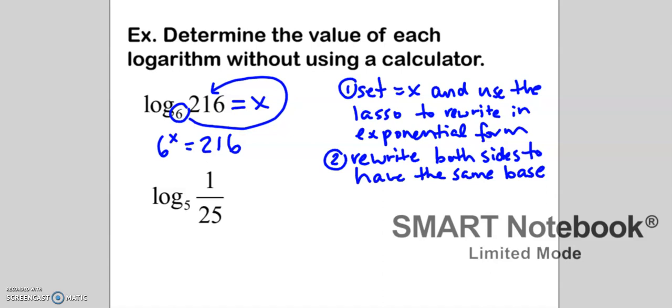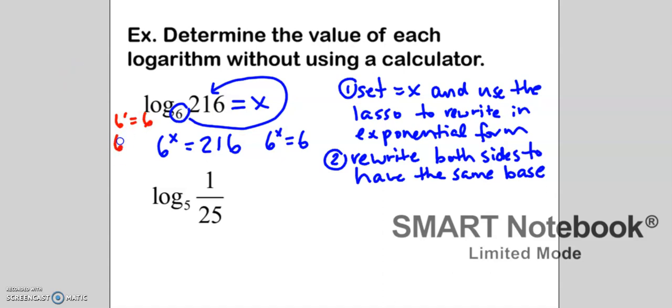So I'm going to start by keeping the left side 6 to the x and writing 6 as a base on the right until I can figure out what power I need, so that will equal 216. So then I just do some trial and error in my head. I'm going to change colors and do some math over here. I know that 6 to the 1 is 6.